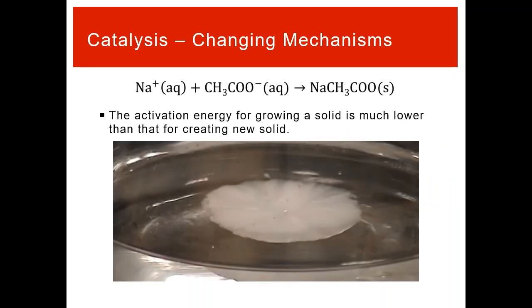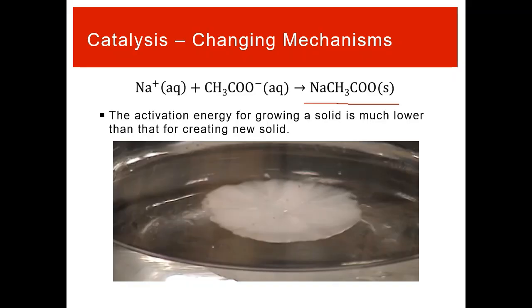There's a video that's also posted showing a supersaturated solution of sodium acetate. You can heat up a solution of sodium acetate, get a lot of it to dissolve, and then when you cool it down, it should go from being ions dissolved in solution to being solid, leaving solution and forming a precipitate.